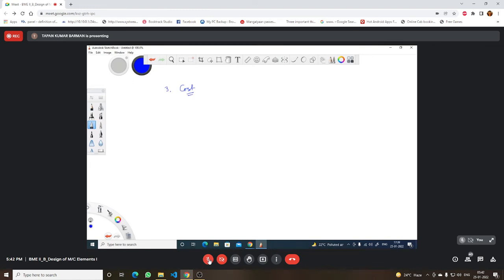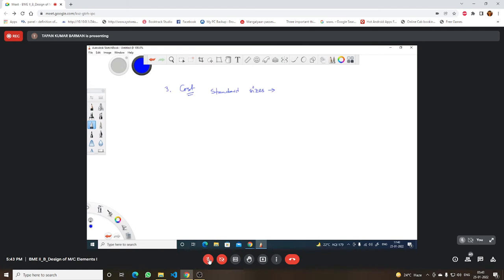So first point is standardization or use of standard sizes. Already we have discussed this thing. Standard sizes. So always, whenever possible, we have to use the standard size.